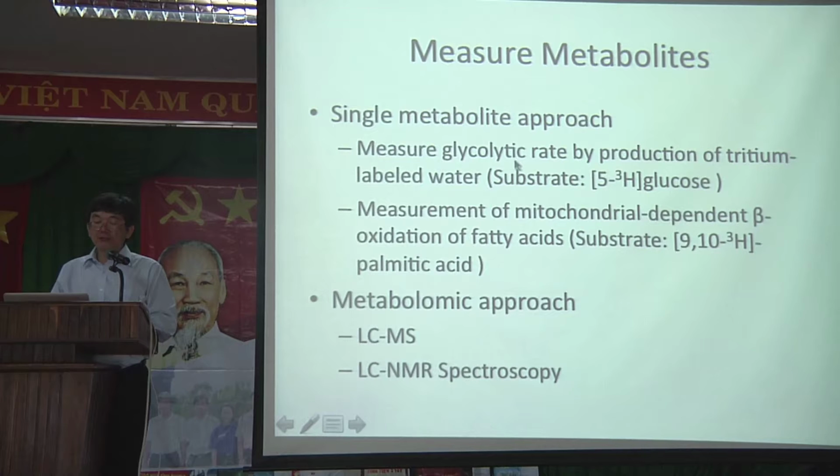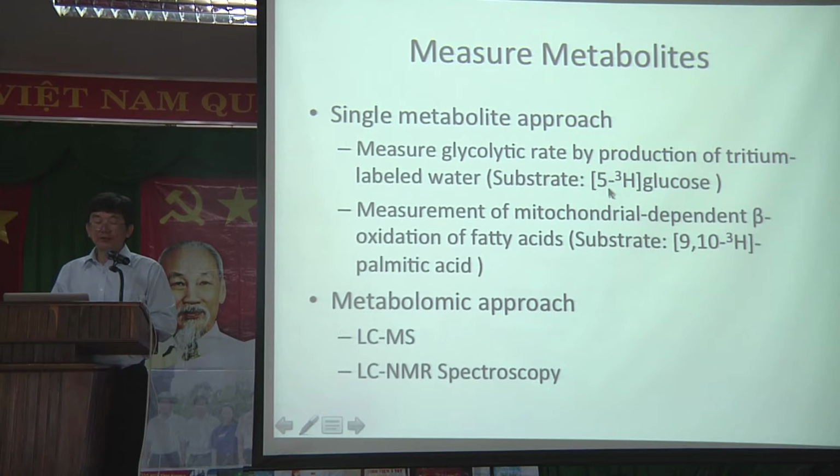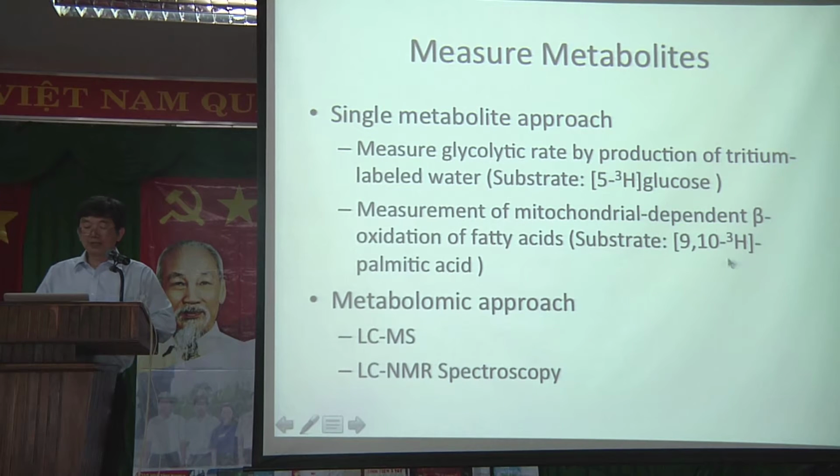To measure the glycolytic rate by the aldolase reaction, we can use tritium labeled glucose at the number 5 position and measure the amount of tritium labeled water that is produced in this reaction. If we want to measure the fatty acid beta oxidation, then we can use a tritiated palmitate substrate.